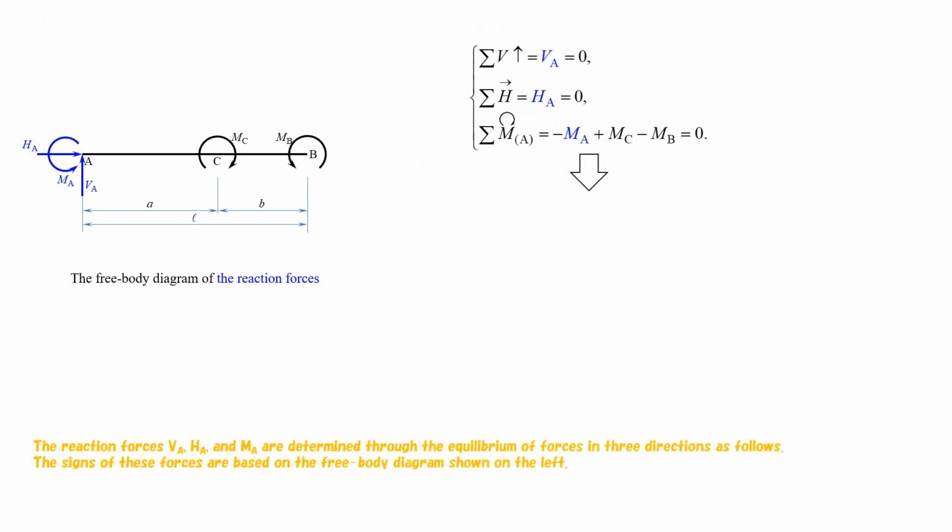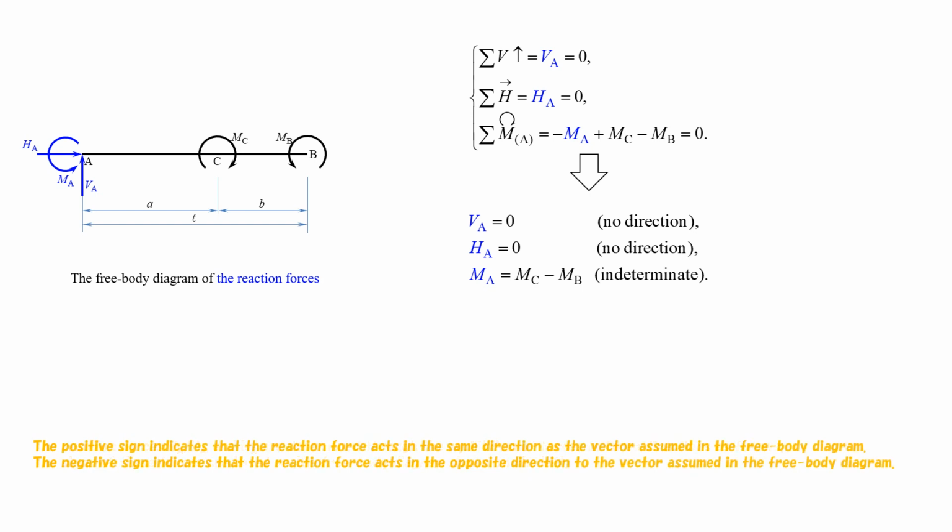The reaction forces, VA, HA, and MA, are determined through the equilibrium of forces in three directions as follows. The signs of these forces are based on the free body diagram shown on the left. The positive sign indicates that the reaction force acts in the same direction as the vector assumed in the free body diagram. The negative sign indicates that the reaction force acts in the opposite direction to the vector assumed in the free body diagram.